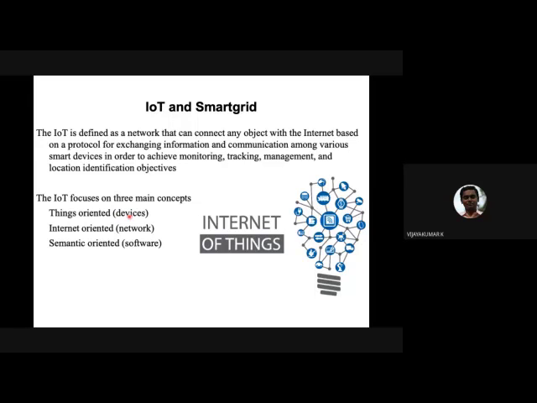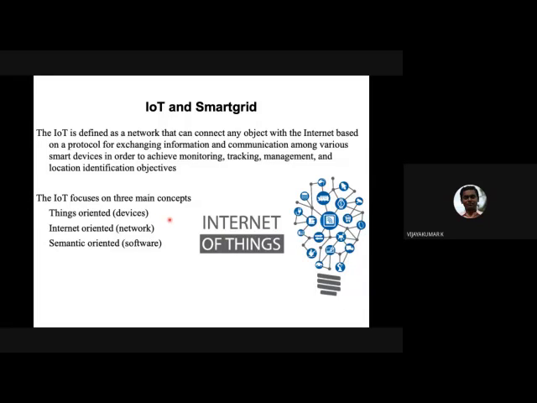Things oriented means whatever devices are in your electrical grid, I can say in a distribution network. You have the smart meters, and you can also access PMU data, and the PMUs can be connected at the utilization side as well as at the GenCo side. So those devices will be interconnected.